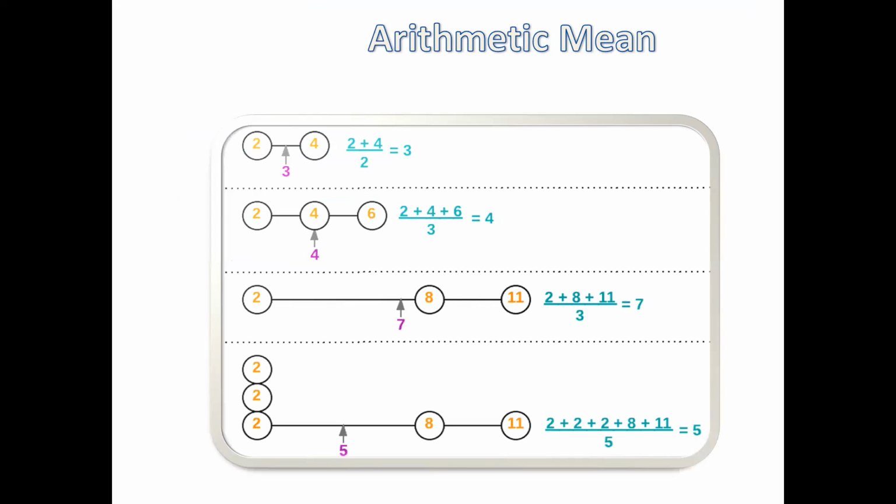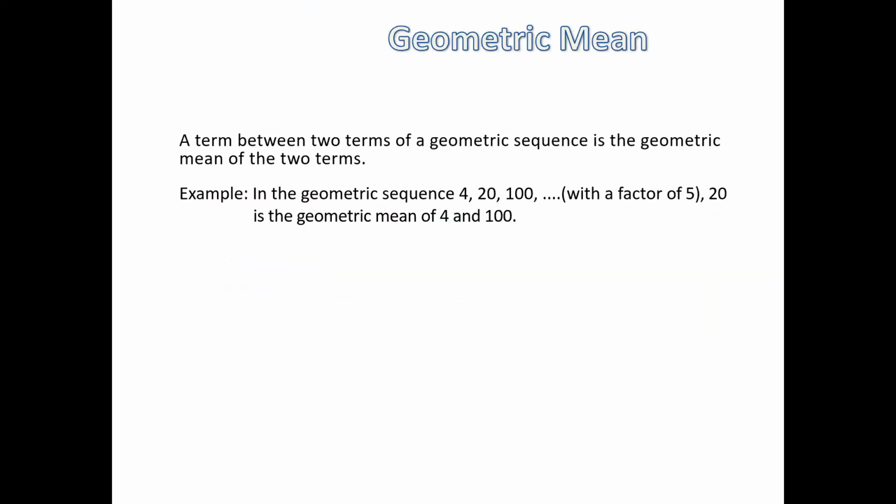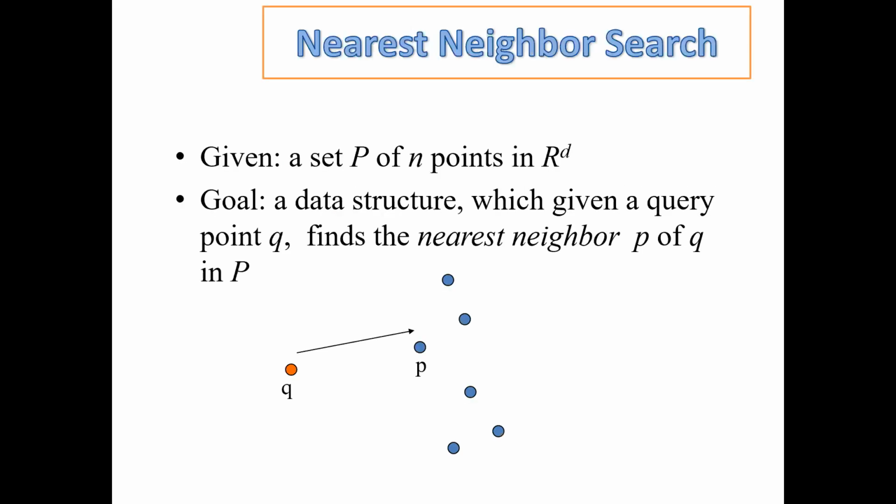So you know what arithmetic mean is, I'm not spending time on that. Geometric mean is a term between 2 terms of a geometric sequence. So basically, if I have multiple values and I want to find the geometric mean, I have to multiply them and take a power of 1 by the number of observations. So that's the geometric mean. We can use that.